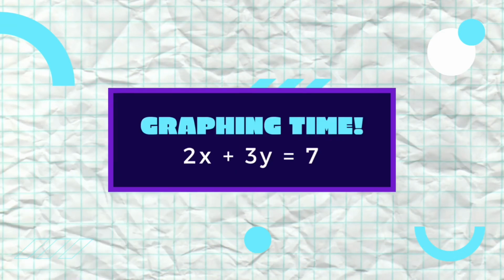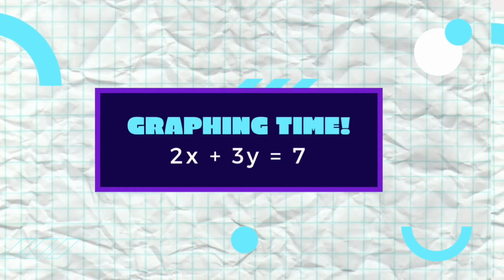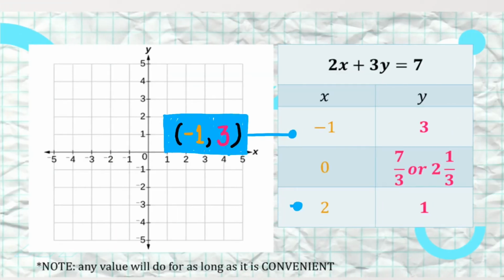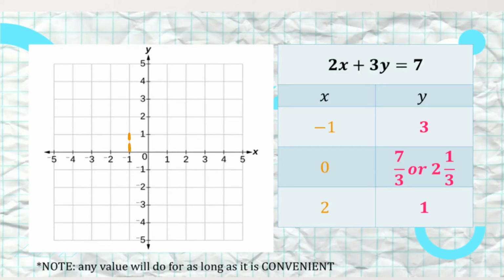Now let's go graph some equations. To graph, we will be using the values we have solved for a while ago. Remember, these x and y values are coordinates of points. Let's plot 2 points. First, we plot point -1, 3.